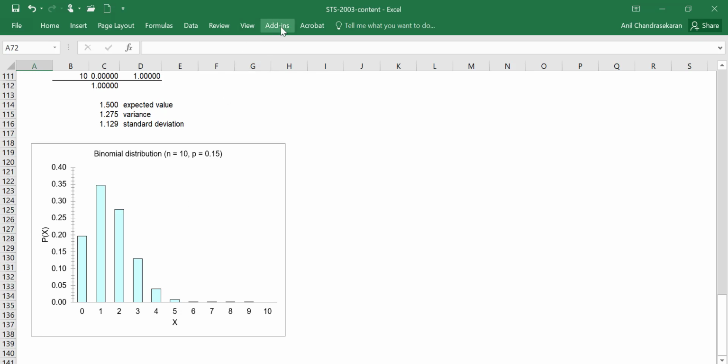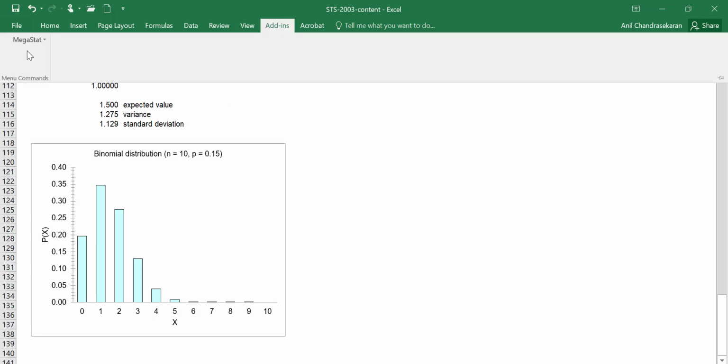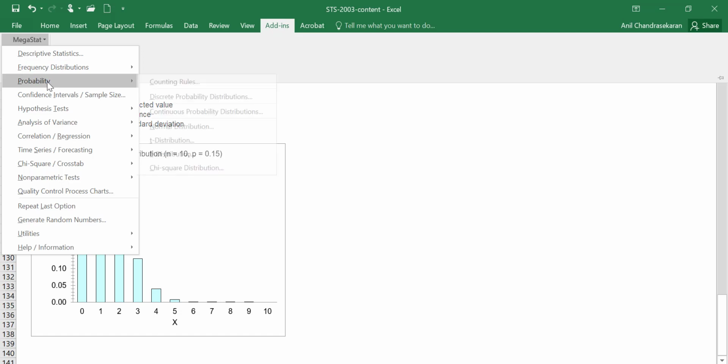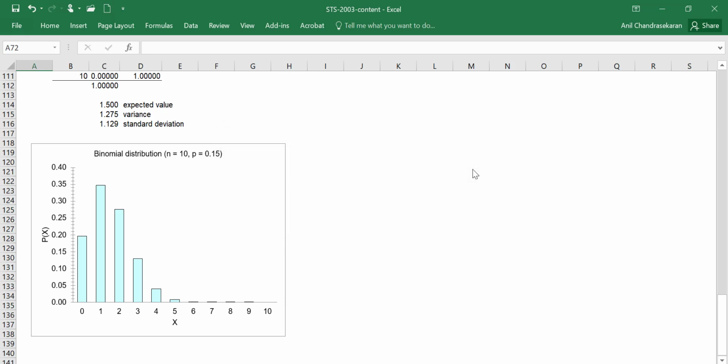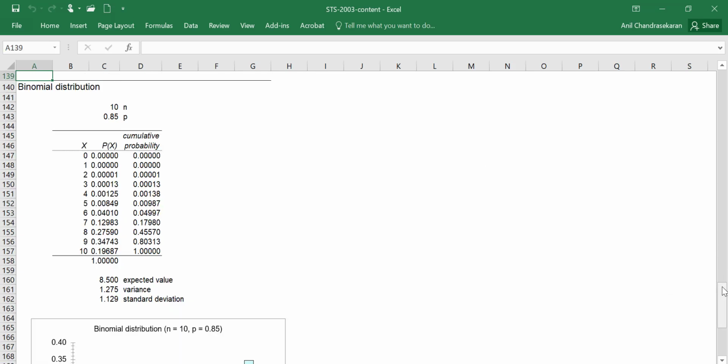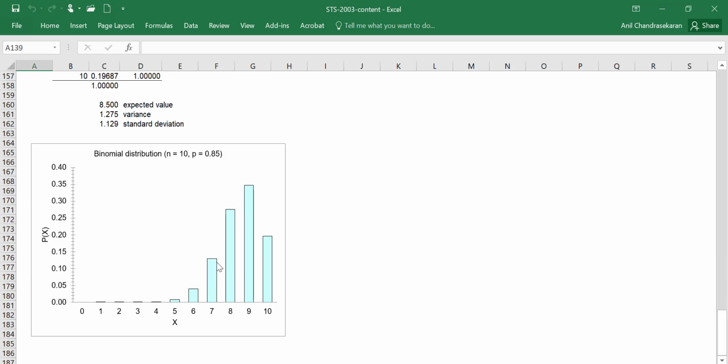I can just show you that. So MegaStat, probability, discrete. Instead of 0.15, I will put 0.85. You can see the graph is moved more to the right side.